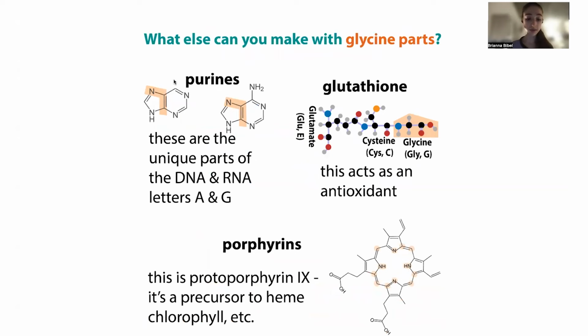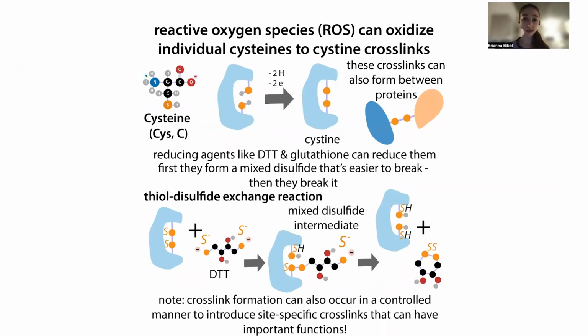Another thing that can be made from glycine is glutathione. So glutathione is made up of these three amino acids, and we'll see these other ones later, but we have glycine, cysteine, and glutamate, and they link up to form an antioxidant. We'll talk much more about this when we talk about cysteine, but basically cysteine is this amino acid with this sulfhydryl group, and it can get oxidized, where it can form these cross links where two cysteine molecules link together.